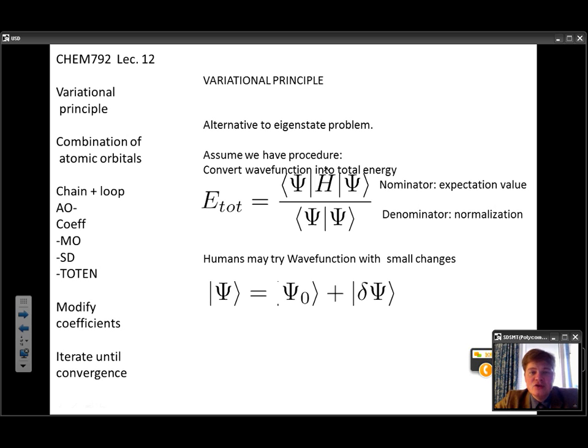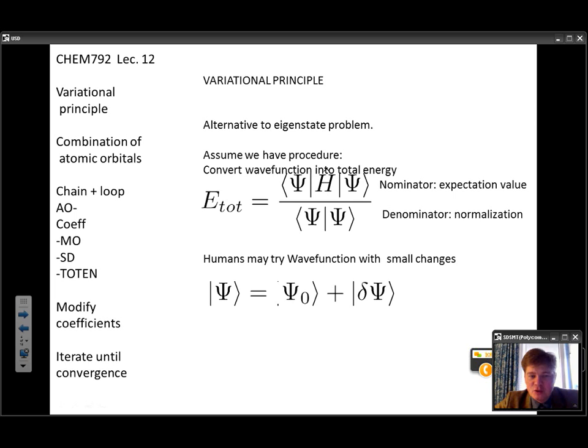So let's assume that we do have a big wave function. If you do have the Hamiltonian operator, there is a procedure for how to extract the total energy of a system based on the wave function.